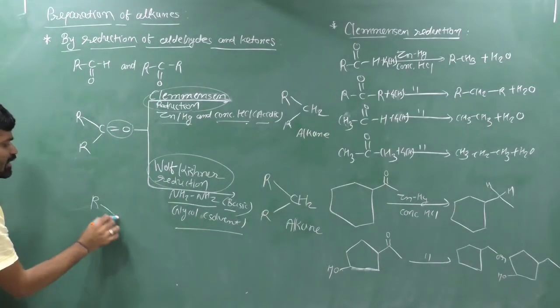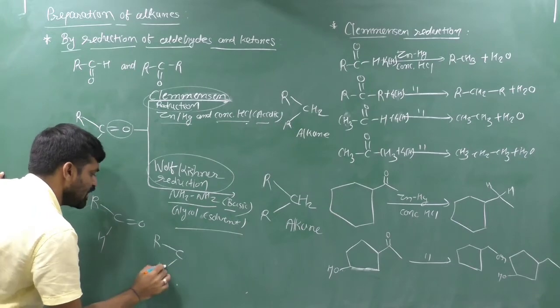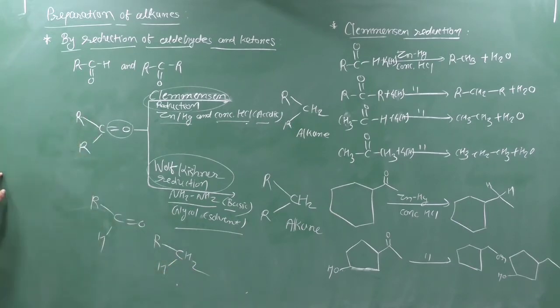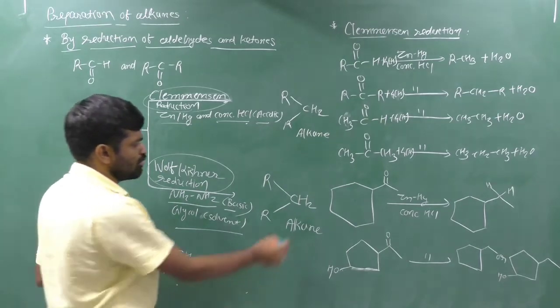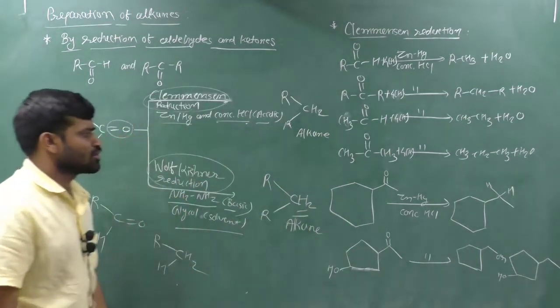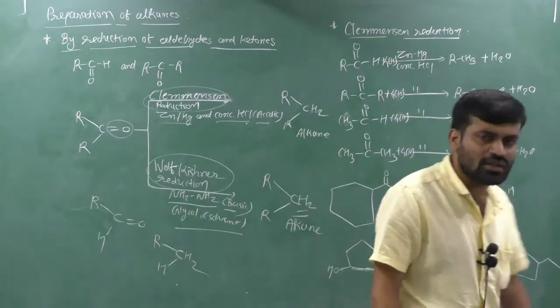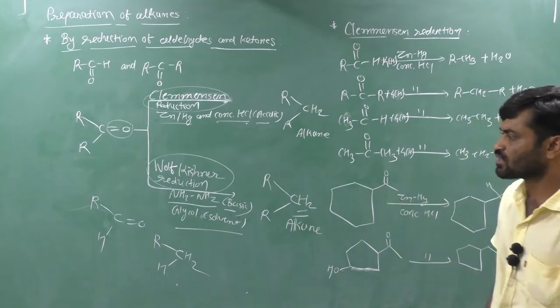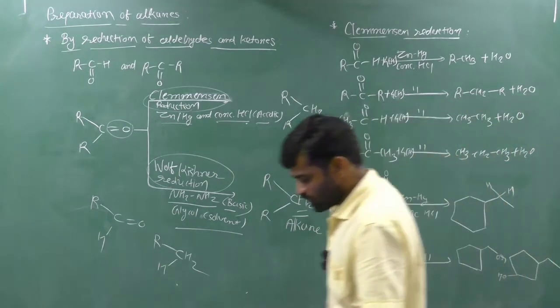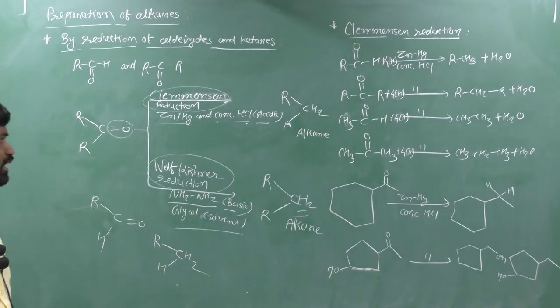Suppose it is an aldehyde, RCHO; here we attach 2 hydrogens. We remove O and add 2 hydrogens to this carbonyl carbon, clear.